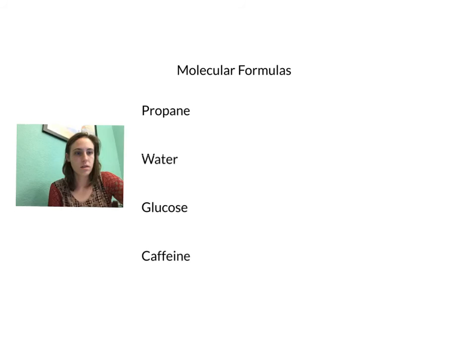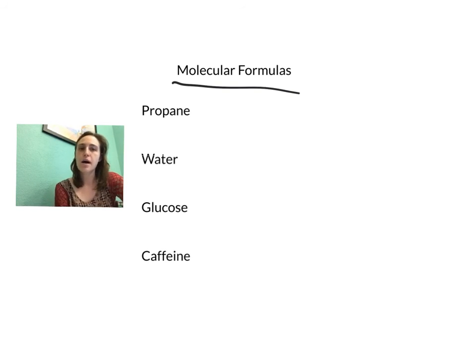So let me give you another one. These are some different molecules where we're going to draw the molecular formula. That's what we call what we just did on the last slide, where you see how many atoms of each are in the molecule. For example, for propane, we're going to have C3H8.